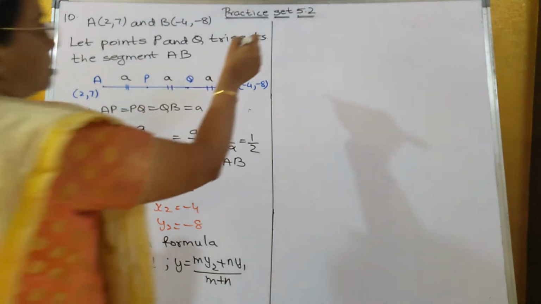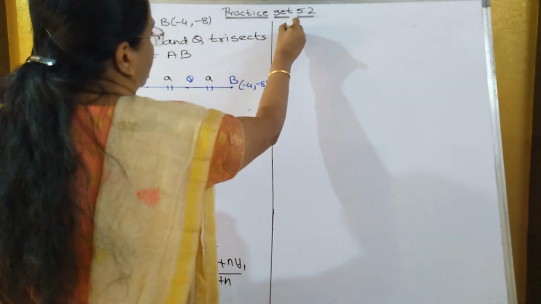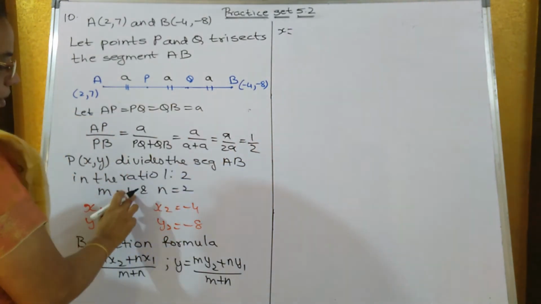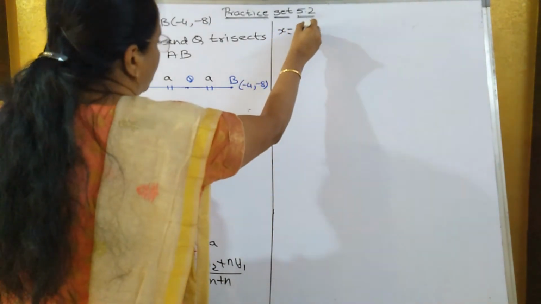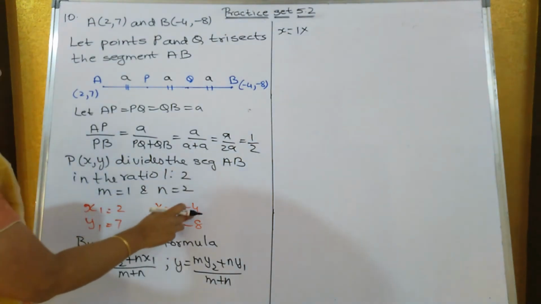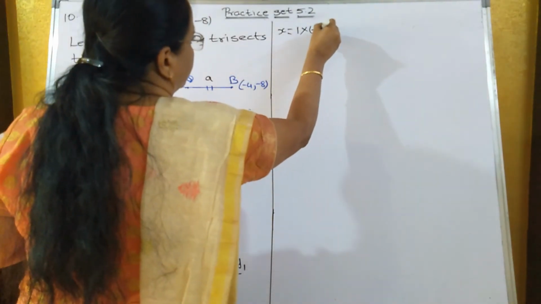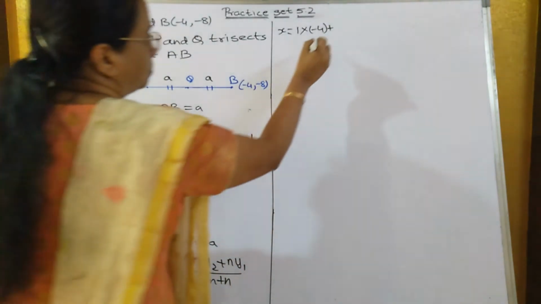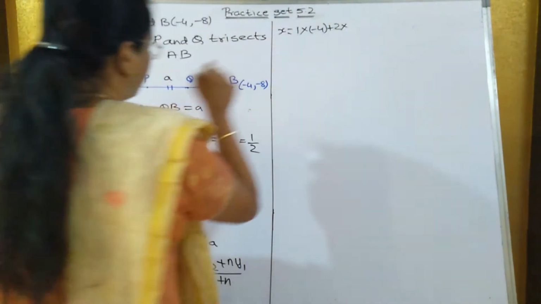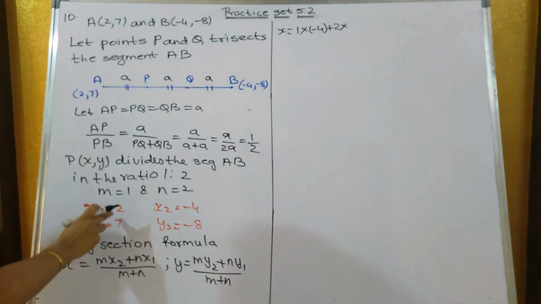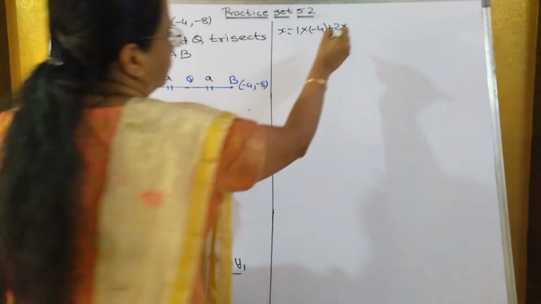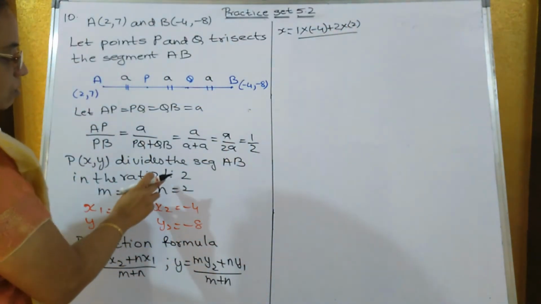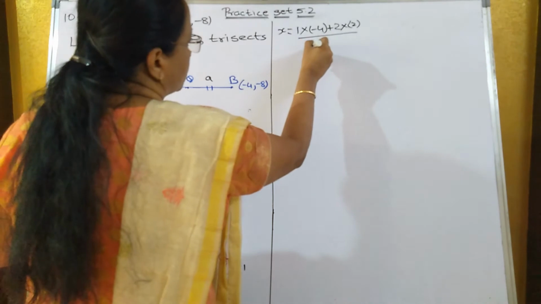So x is equal to, m is what? Over here m is 1, into x2 is what? -4, plus n is what? n is equal to 2, into x1 is equal to what? x1 is 2, upon m plus n. m plus n is what? 1 plus 2. 1 plus 2 is equal to how much? 3.